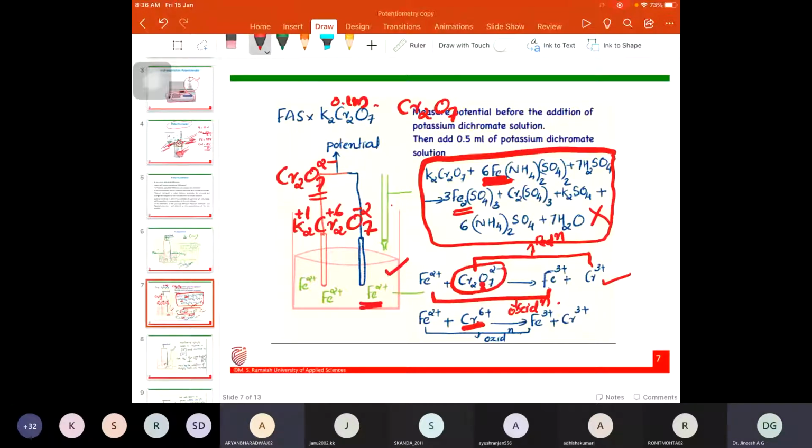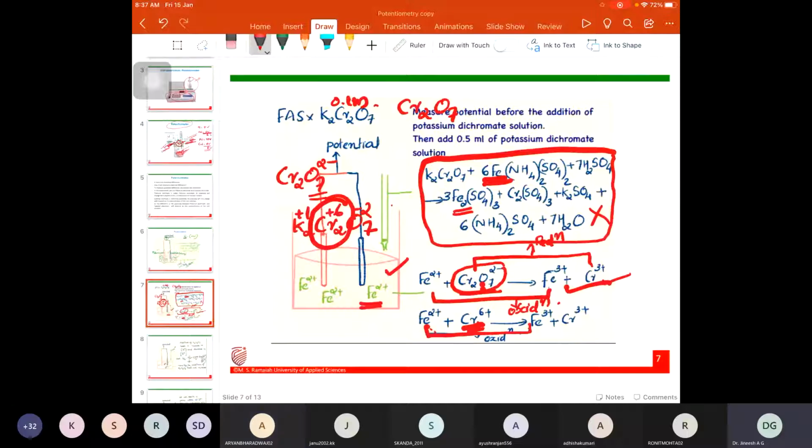So now you know that chromium is having an oxidation state of +6. So instead of writing dichromate, it has Cr6+ ion. So the equation I have rewritten as Fe2+ + Cr6+ gives Fe3+ + Cr3+. Clear now?